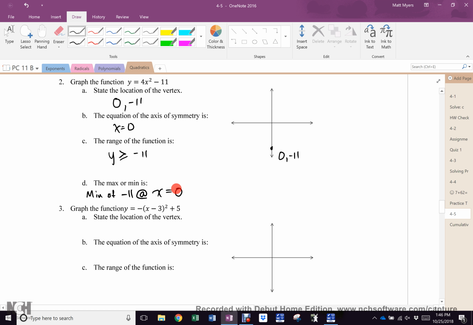Now I'm going to graph it. Normally I should go over 1 and up 1, but I'm going to be going over 1 and up 4 to 1, negative 7. Automatically I know I'm 2 over here to negative 1, negative 7. Agreed?